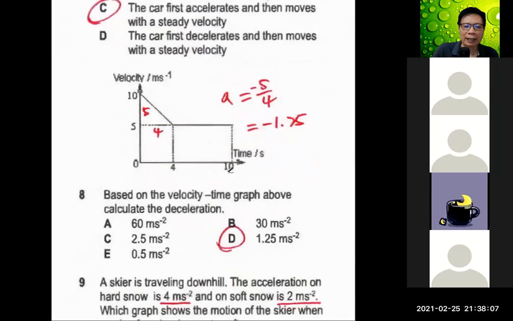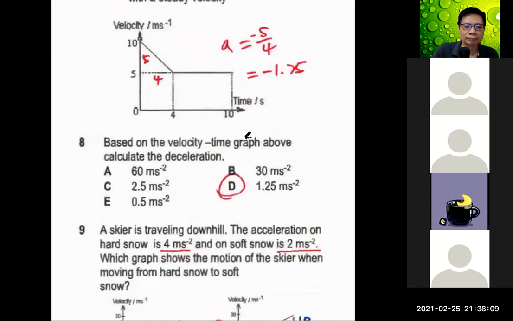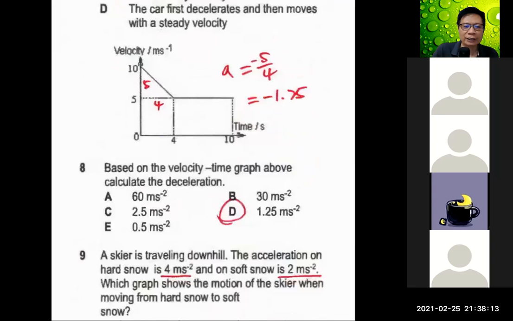All right, number 9. Okay, now you try. Which graph is correct? A skier travels downhill. The acceleration on hard snow is 4, and on soft snow is 2. The acceleration is getting smaller.